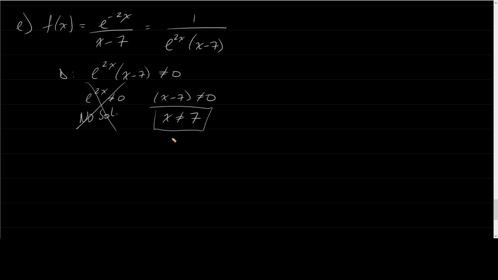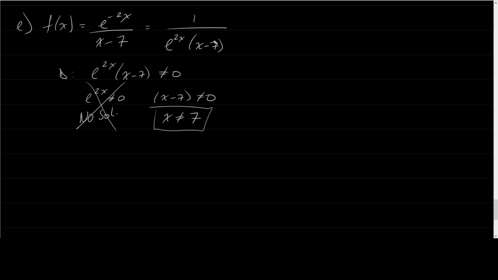Now, at this point we say, well, we need to figure out what's going on around there. Is this going to be a vertical asymptote or is it a removable discontinuity? Well, notice that if you were to plug in 7, the numerator is still not 0, but the denominator is now 0, right?